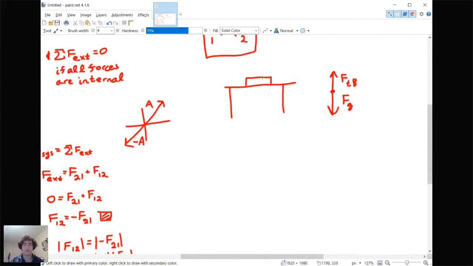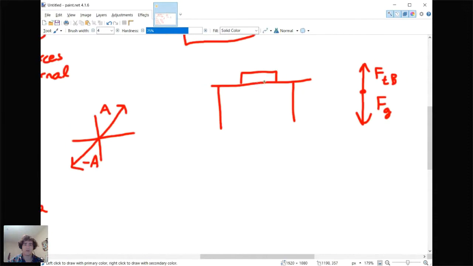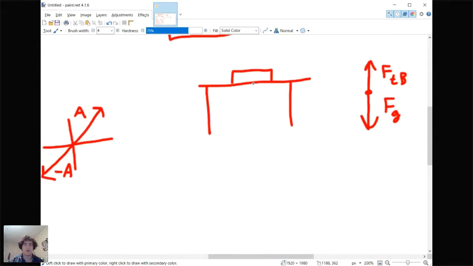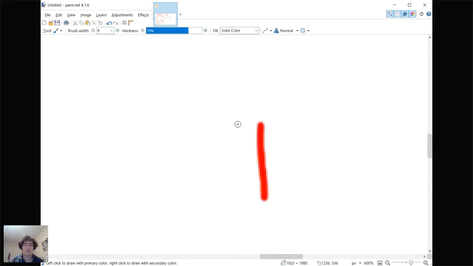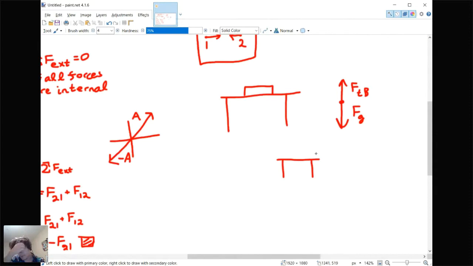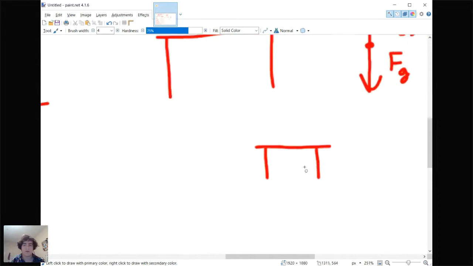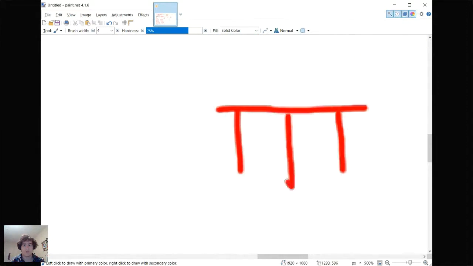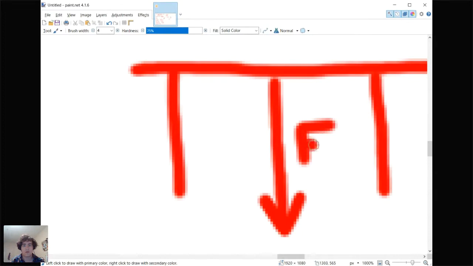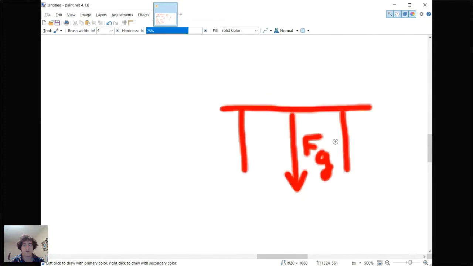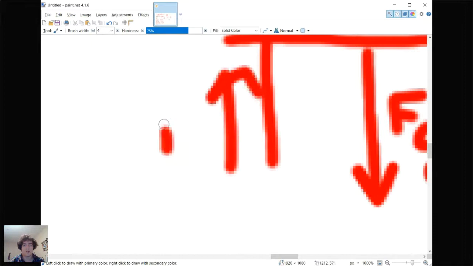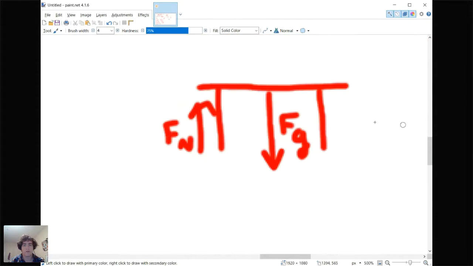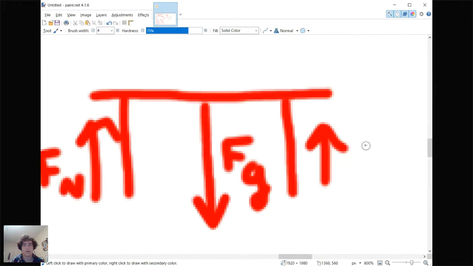And we're going to draw the free body diagram for the table now, or just table in general, and it'll make it a little more clear. So it's a force of gravity acting from the center of the table. And then there's a normal force here at all these contact points.